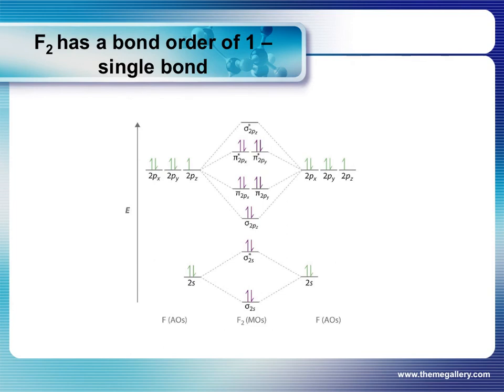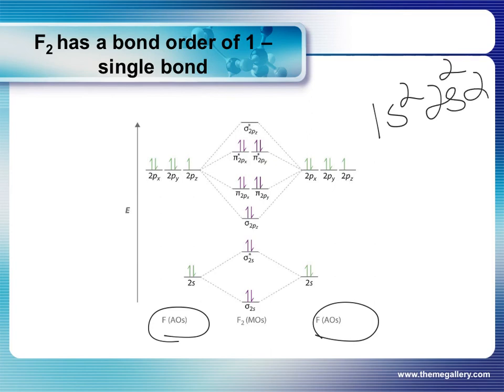So, let's look at doing a molecular orbital diagram for fluorine. Okay. Fluorine's electron configuration is 1s2, 2s2, 2p5.